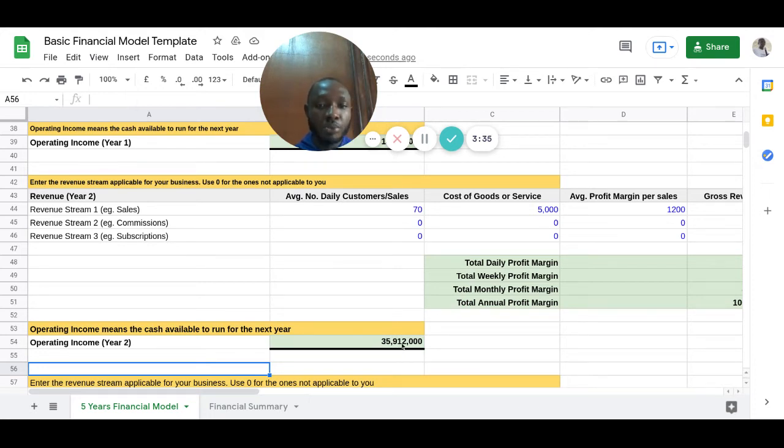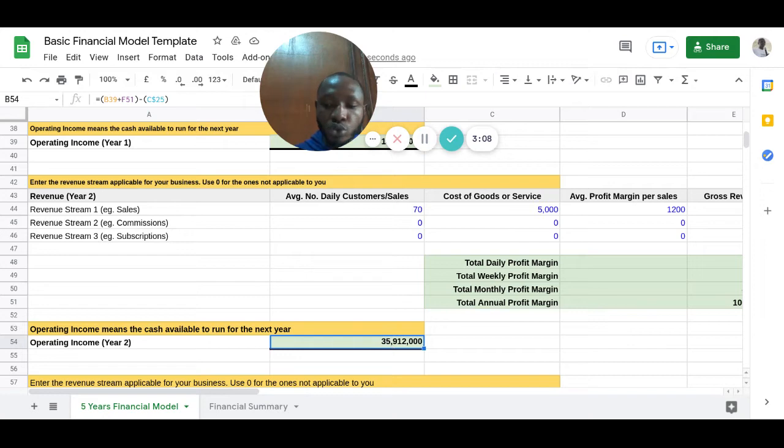So this will be the operating income for the first year. Now subtracting your recurring expenses that you already listed above, and adding your annual profits for the second year, that will give you the money you have left with you. That will come as your operating income here.